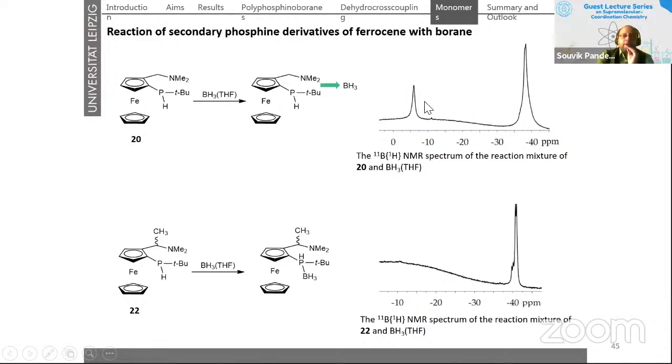This is the nitrogen-boron NMR peak, and this is the phosphorus-boron peak. Whenever I have a tertiary butyl group attached to the phosphorus, I do not see any peak here. Only the phosphorus-boron product was obtained extensively.